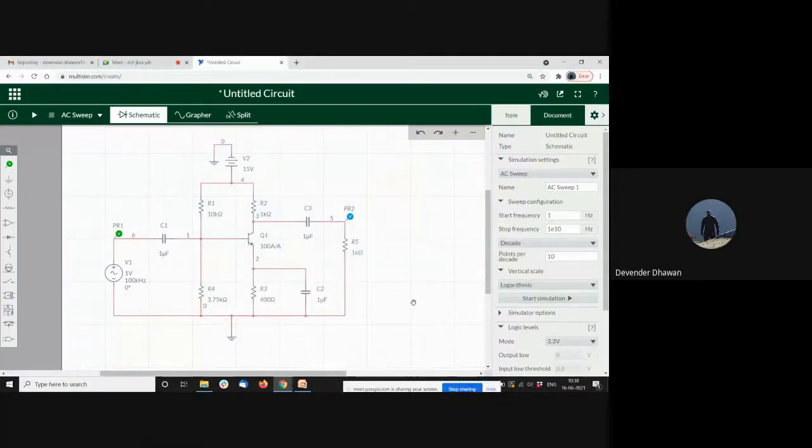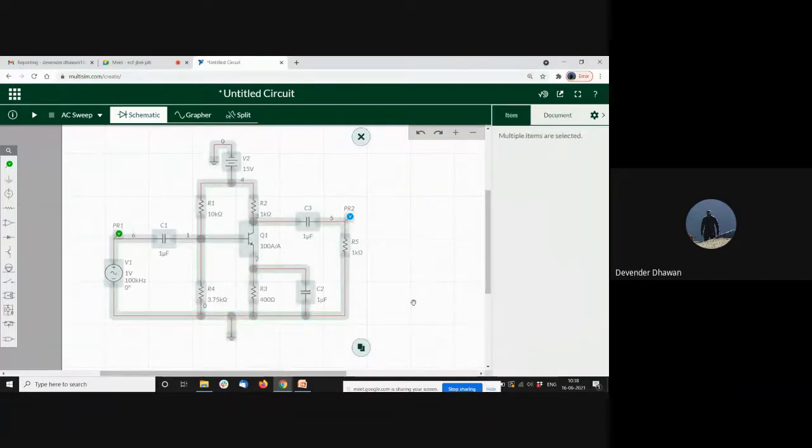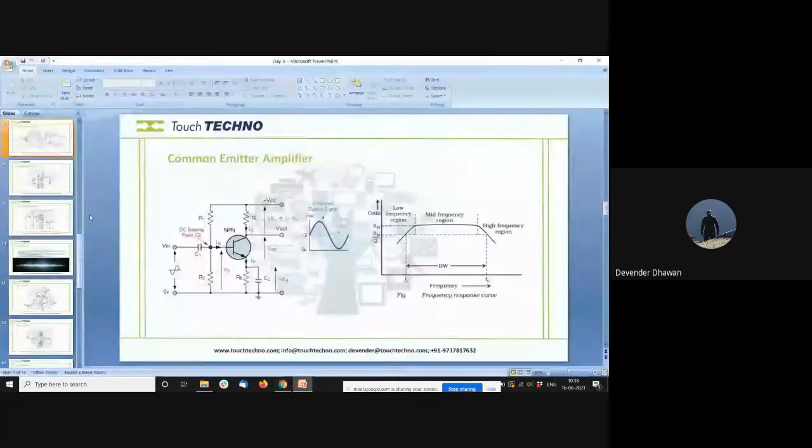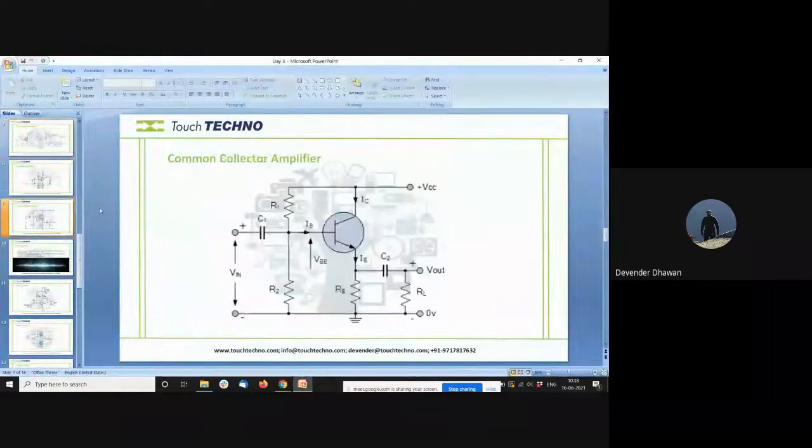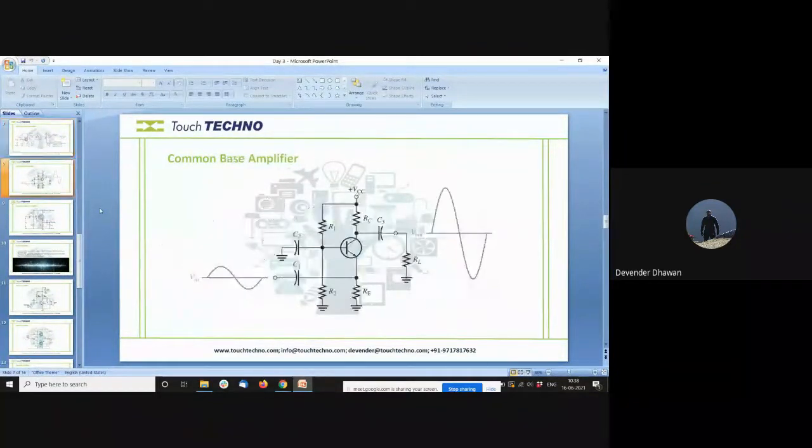Okay, so the next circuit that we will do is the common base amplifier. The common base amplifier looks something like this.